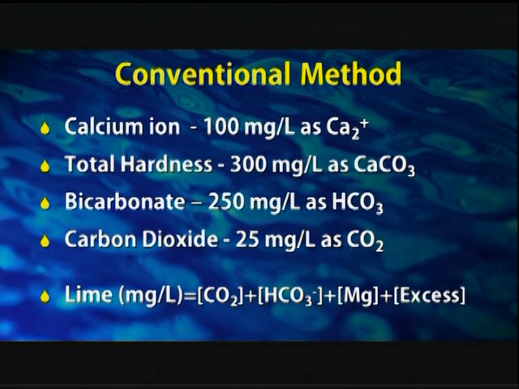The lime concentration in milligrams per liter that you need to add is the concentration of carbon dioxide plus the concentration of bicarbonate plus the concentration of magnesium plus any excess that you're adding. If we look at the example, each of these constituents is there except for the magnesium. And there's an assumption, since we know calcium ion, that the remaining hardness is, in fact, magnesium.